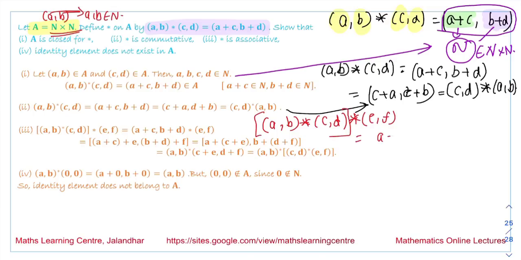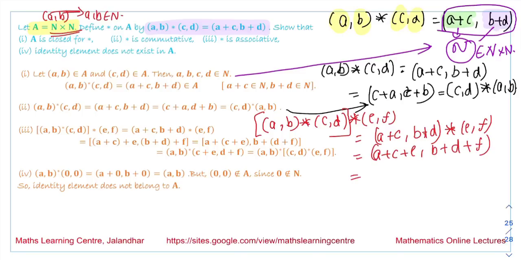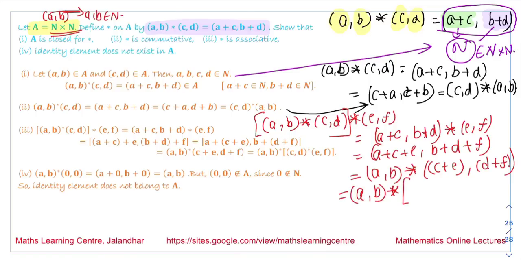The answer we obtain is A plus C comma B plus D star E comma F. This is equal to A plus C plus E comma B plus D plus F, and we can write this as A comma B star C plus E comma D plus F. This is equal to A comma B star, with brackets, C comma D star E comma F, and this proves that this operation is an associative operation.